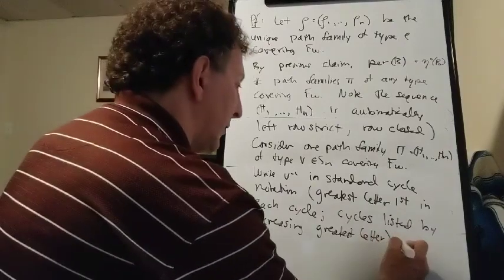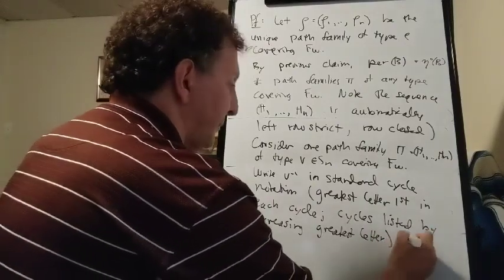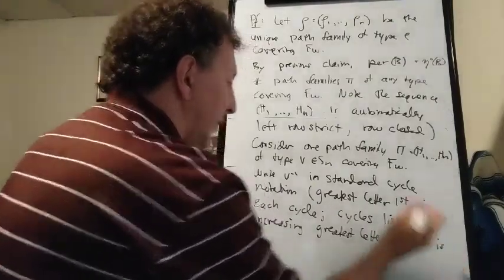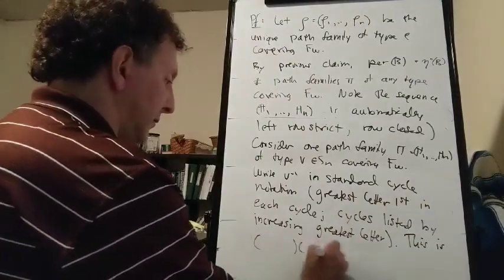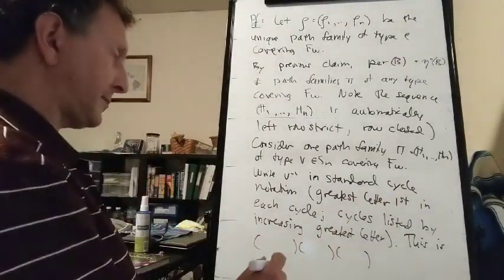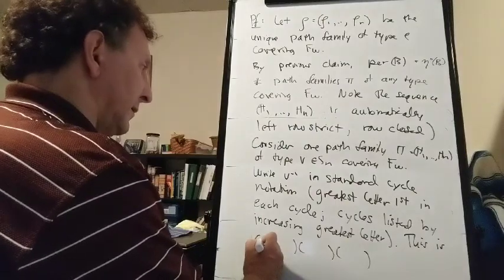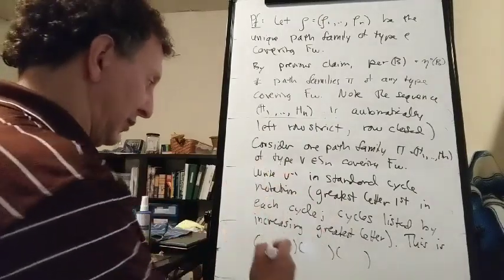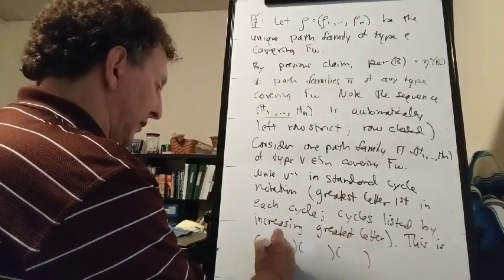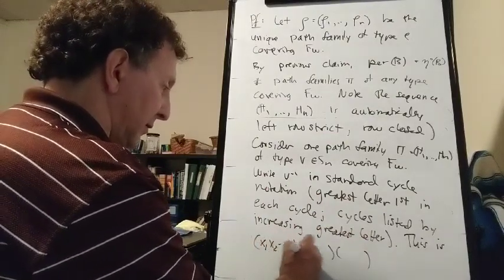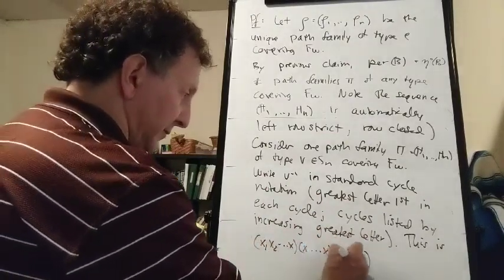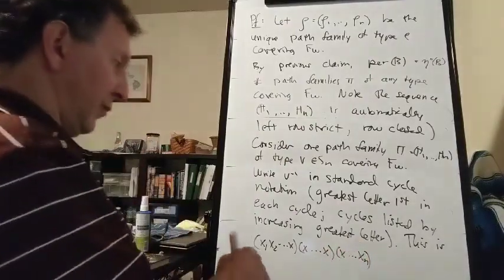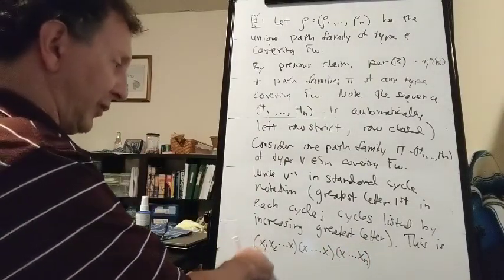So when we write this in cycle notation, it's hard to say where v1 and v2 are, but let's just name the letters that we see here x1 through xn.